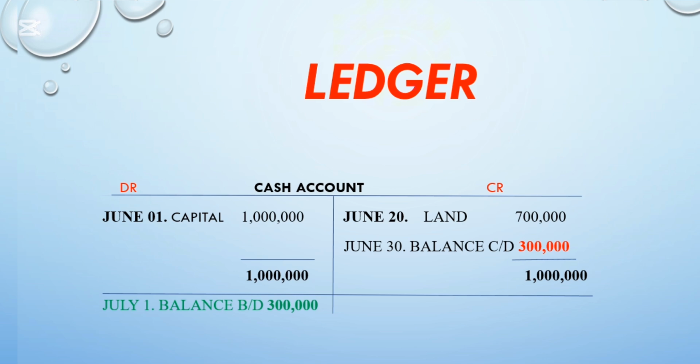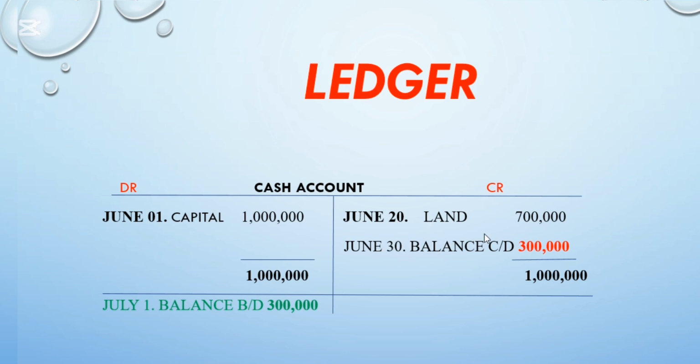That is to say, if for example A and B company started with 1 million as capital on 1st June, and on 20th June bought land of this amount. Now, what is the remaining balance? What is the balance at the end? You can see that they are going to take 1 million minus 700,000, and you see the cash account value, the ending balance.